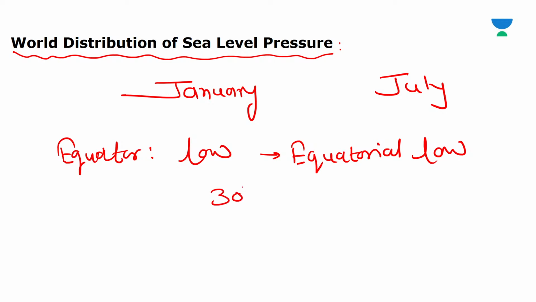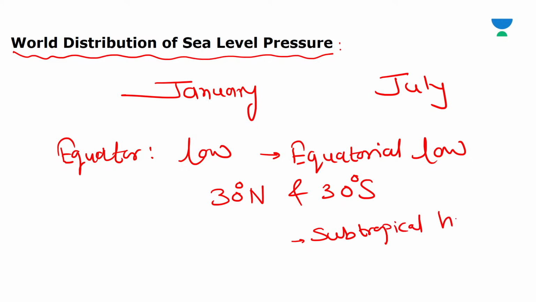Along 30 degrees north and 30 degrees south, high pressure areas are found, known as the subtropical highs.